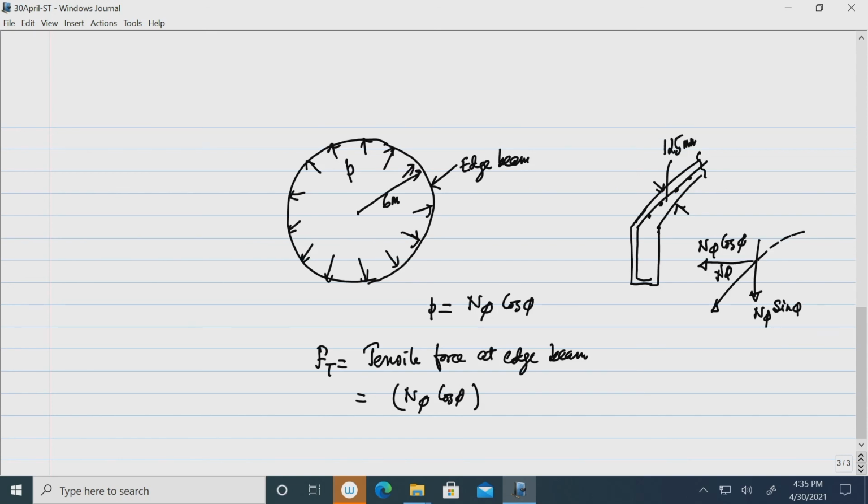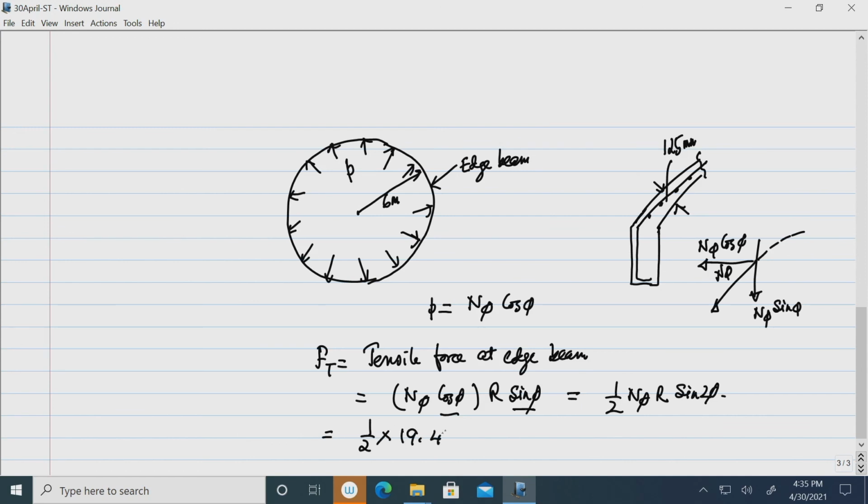The radius is here this r sin phi. Okay. Now, cos phi sin phi can be combined, and this can be written as half n phi r sin 2 phi.